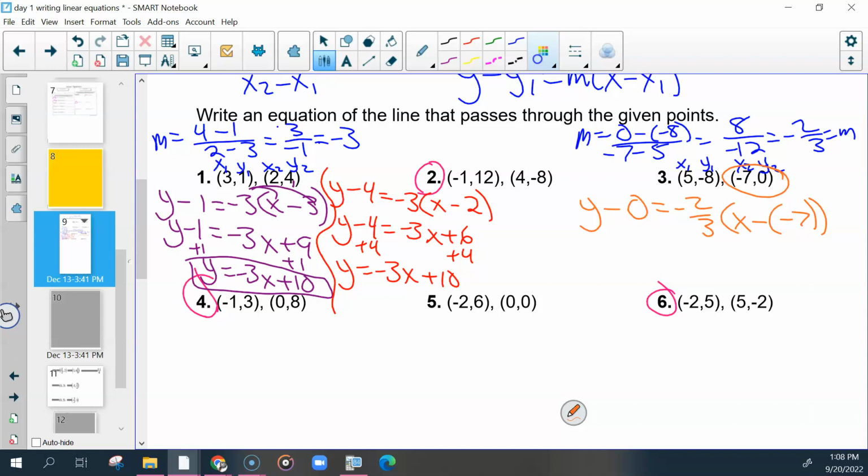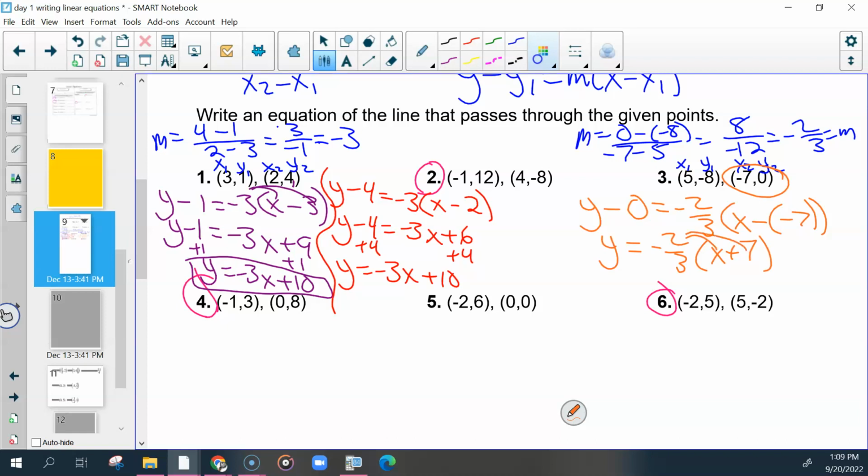Change your negatives to a positive. And because this is minus 0, we can really drop the 0. And then distribute.